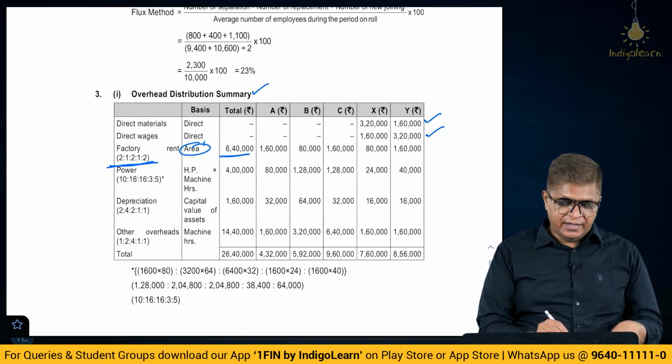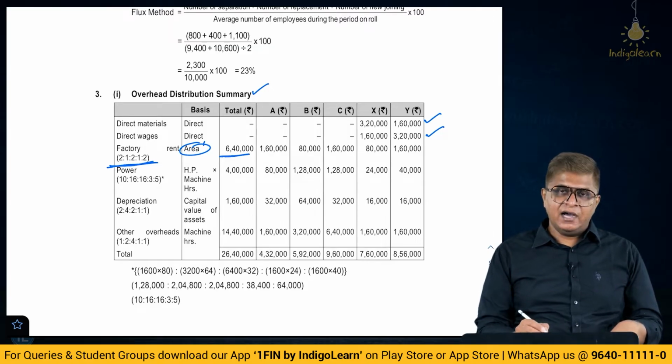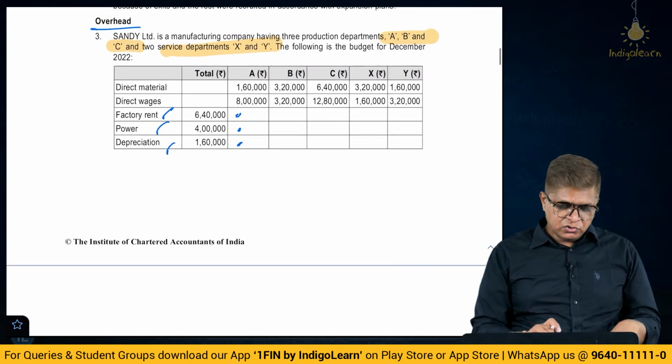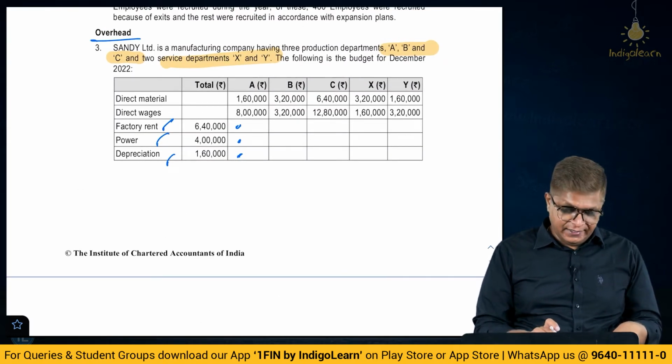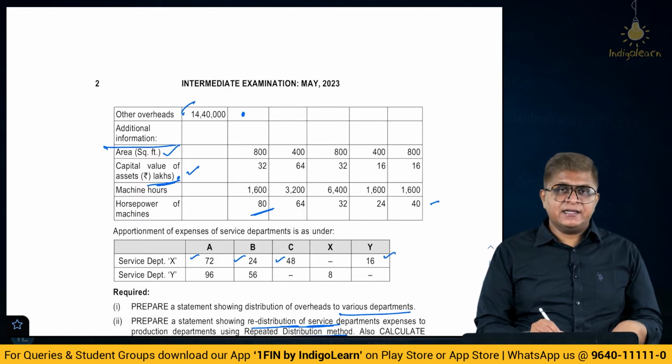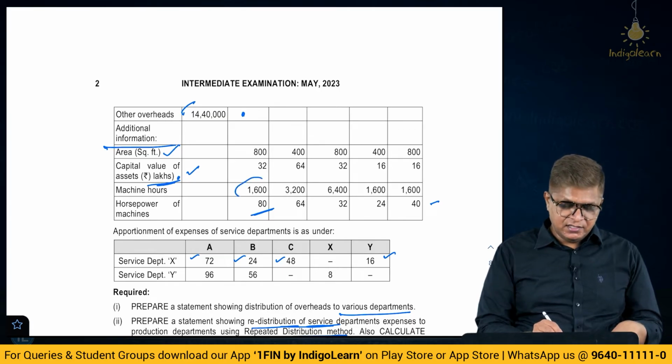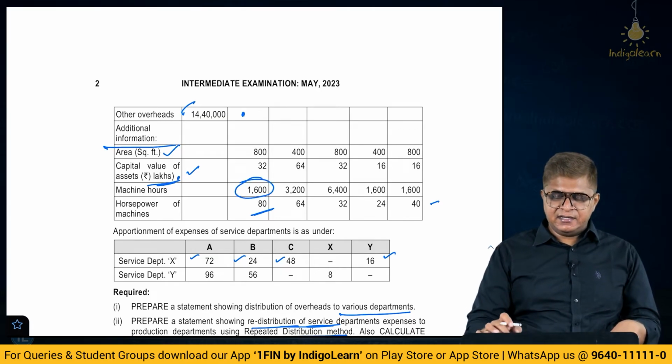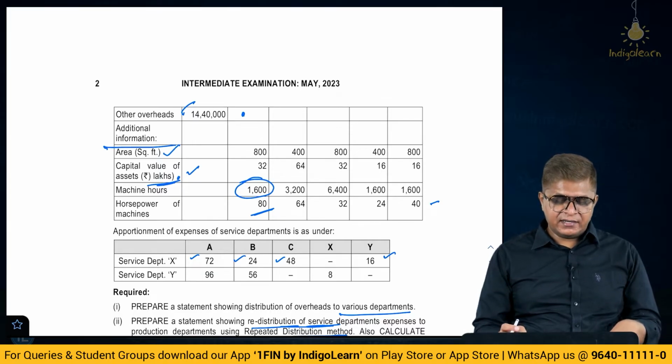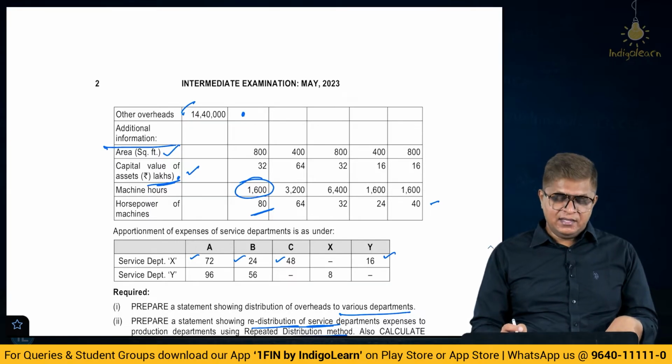So HP of the machines into the number of hours. Let's take an example. So if I talk about department A, the HP is 80 and the number of hours is 1600. That means 1600 into 80, we will require total 1,28,000 kilowatt hours of consumption.